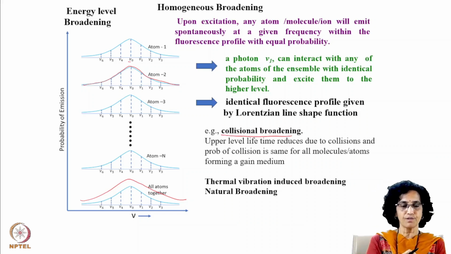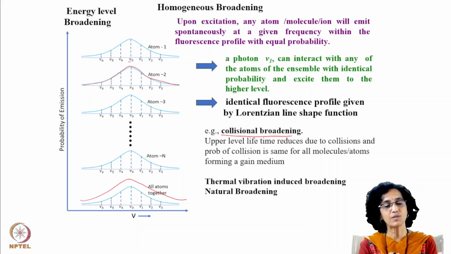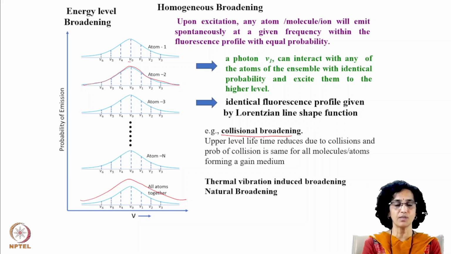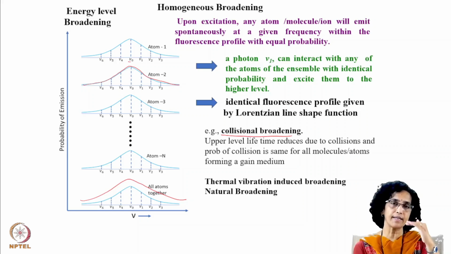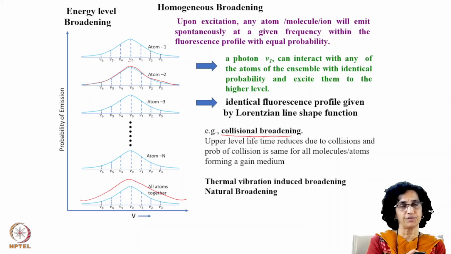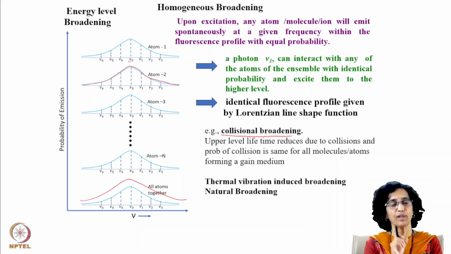So what we have learned today is that we have seen pulsed operation of a TE CO2 laser. We have also seen repetitive operation of a CO2 laser. We have seen why, when the excited species comes down, there is a broadening of the energy level, which is called spontaneous broadening.